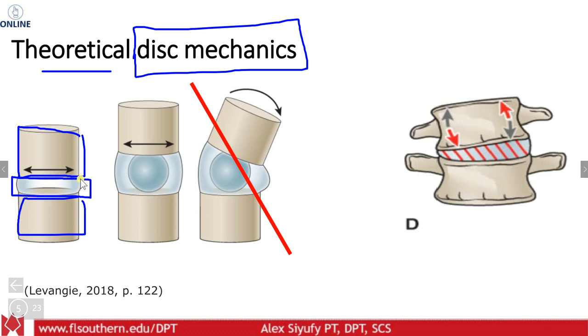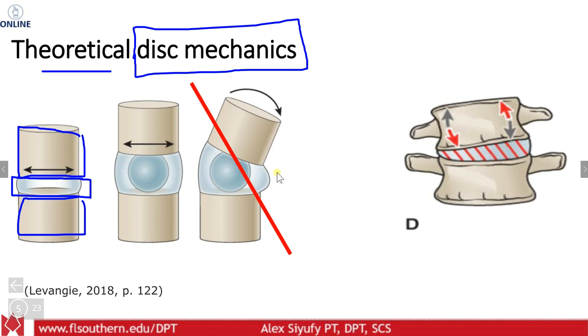We know that with time and aging these do become more dense, and water escapes from them, as you know from previous lectures. So with movement, you can see how that disc might distribute the load more evenly across the vertebrae.